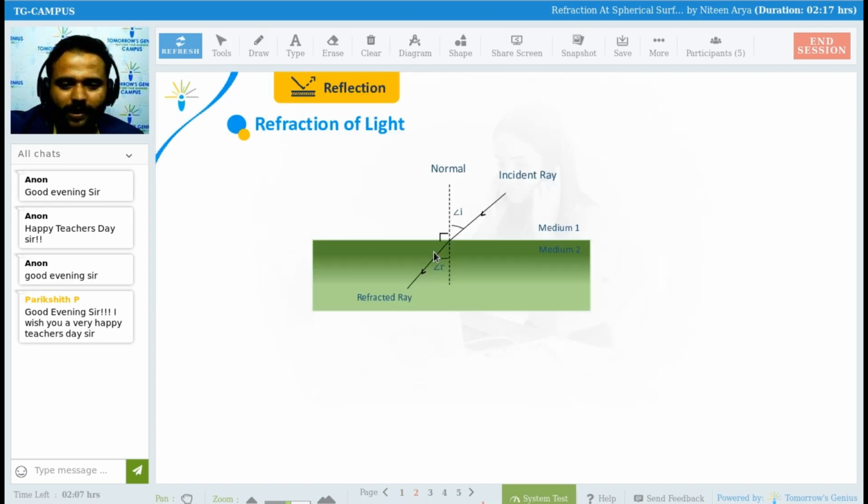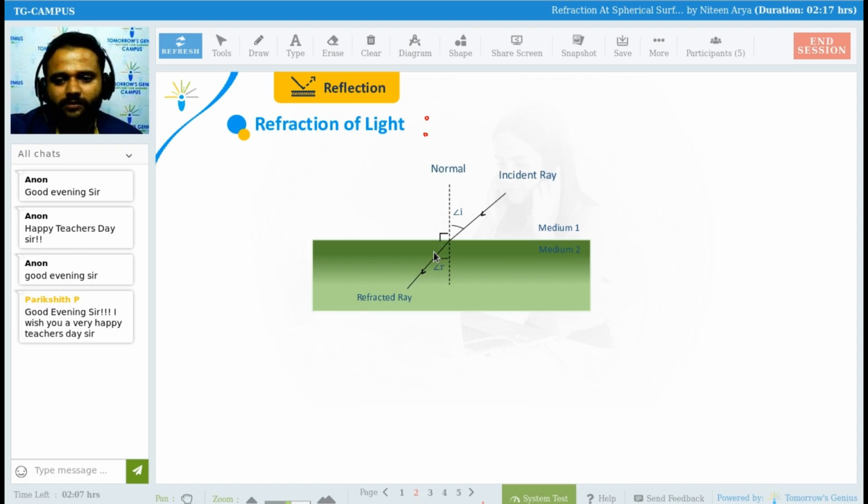Is this clear? So as we already done this particular thing, that is going to be a recall. What is refraction of light? Refraction of light is just simple bending of light, or you can say whenever a medium is changed, the light ray is going to bend from one medium to another medium.